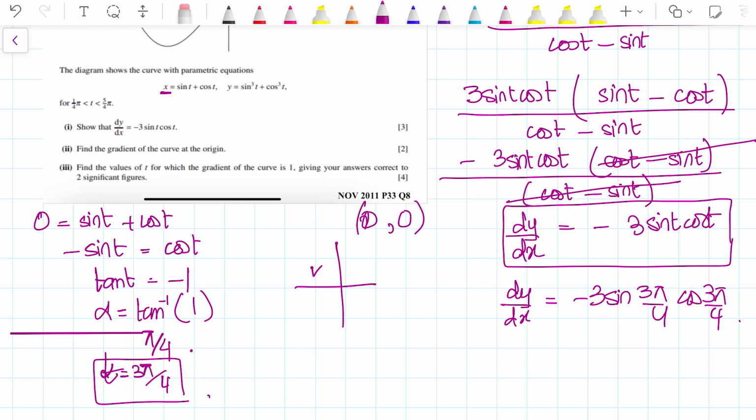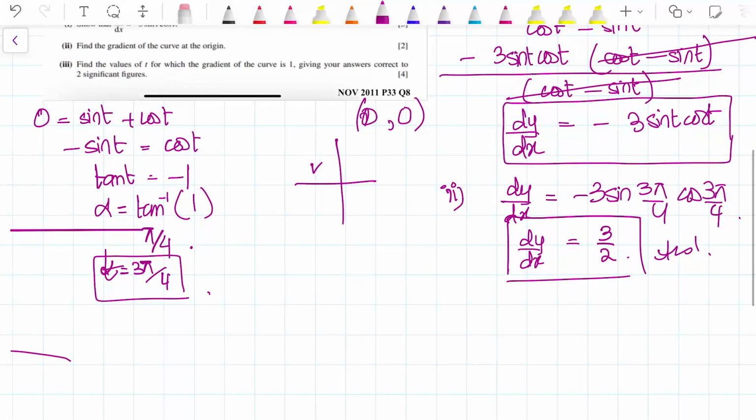Minus 3 sine 3 pi by 4 cos 3 pi by 4. This gives me the value of dy upon dx as 3 upon 2. So that's going to be my answer to my second part.